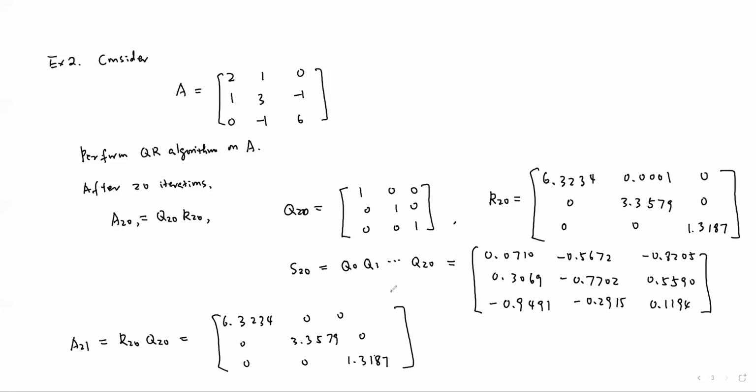Maybe due to round-off error, this Q20 is not exactly the identity matrix. So R20 times Q20 becomes exactly a diagonal matrix.